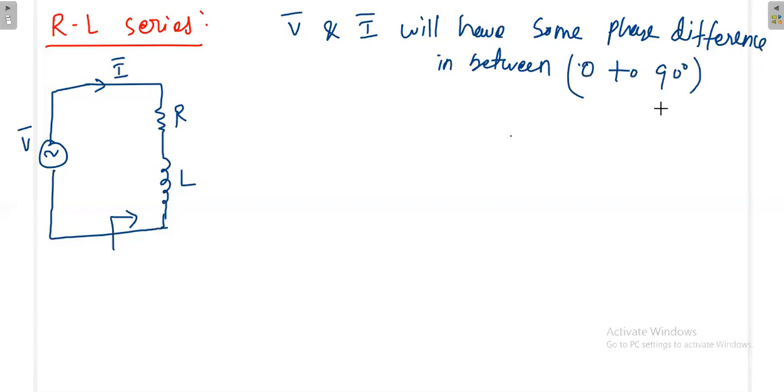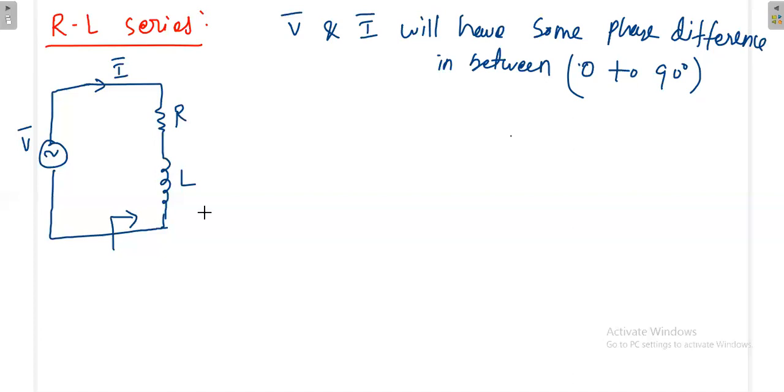Not 0, because if it is purely resistance, that is 0. If it is purely inductor, that is 90 degrees. But it consists of both inductor as well as the resistance, so the phase difference will be in between 0 degree and 90 degrees. That idea you should understand first.